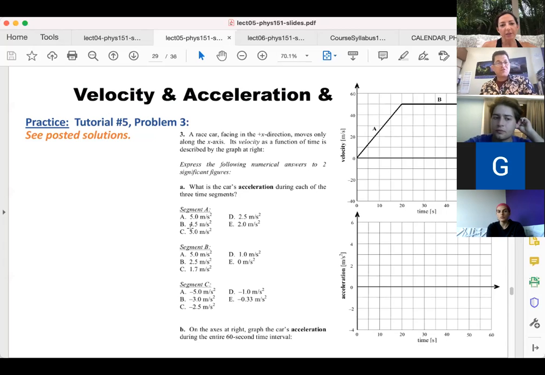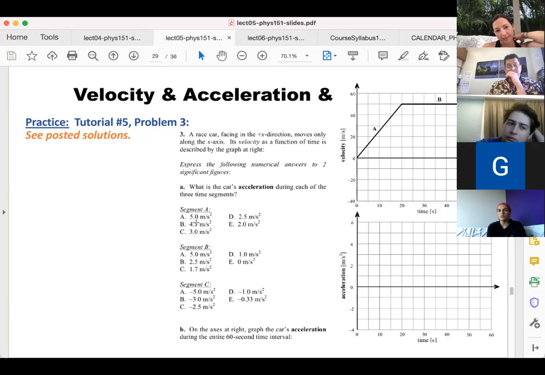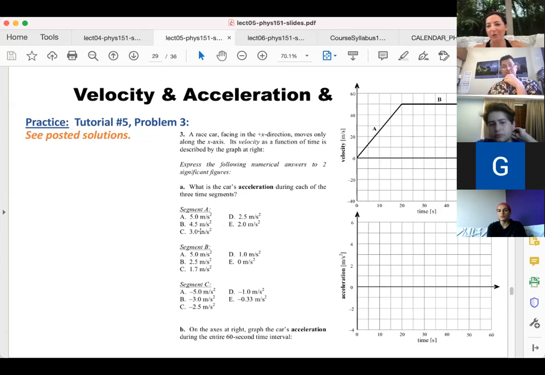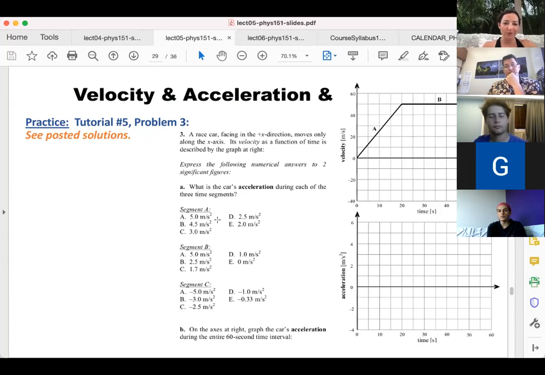Mike, is this the solution, or is the answer one of those? Yes, those are just multiple choice answers. Okay, yeah, this is multiple choice. So you have to find the acceleration for each segment. Sorry, I didn't get it at first, but it was acceleration, and it's asking for the acceleration. So here you need to find which one of these numerical values it is.